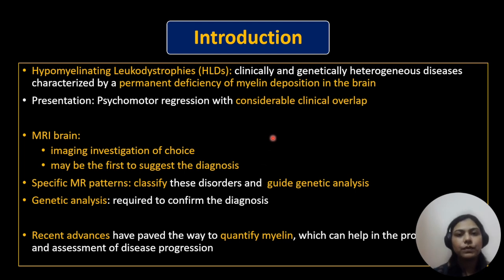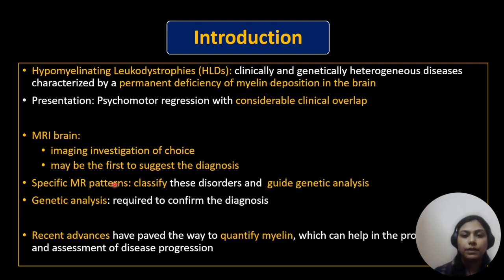Hypomyelinating leukodystrophies are clinically and genetically heterogeneous diseases characterized by a permanent deficiency of myelin deposition in the brain. These children present with psychomotor regression but have a considerable clinical overlap. MRI brain is the imaging investigation of choice and may be the first to suggest the diagnosis.